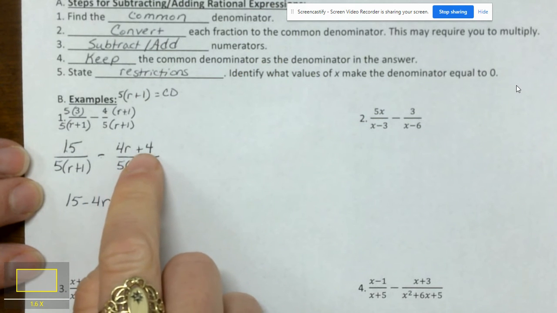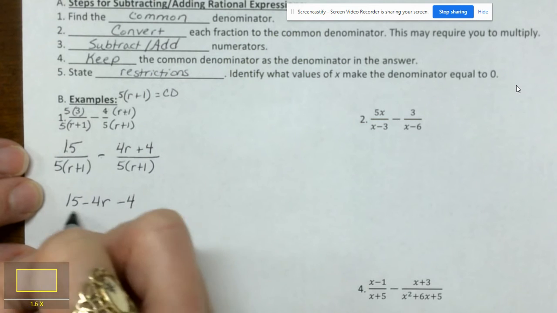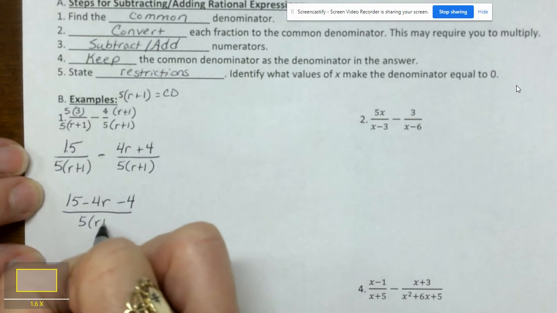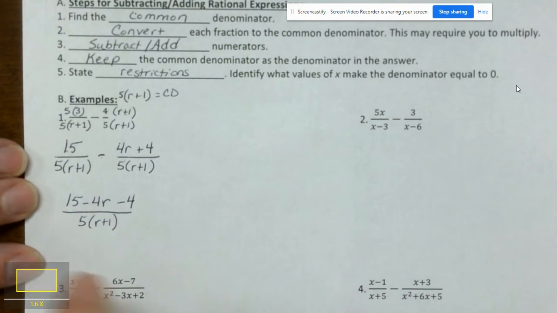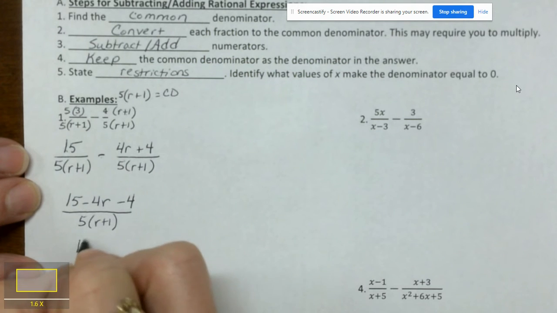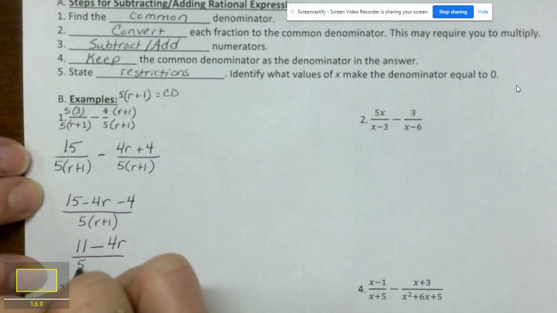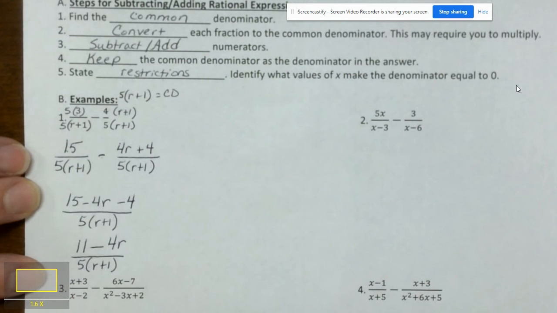Now instead of plus 4, there's a minus out here, so that's going to be a minus 4. And it's over your common denominator. Now here we can put together 15 minus 4. Those are like terms. So 15 minus 4, that's going to be 11. And then we've still got minus 4r, and it's over our common denominator, 5 times r plus 1.